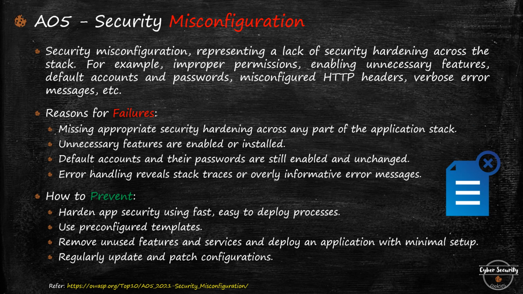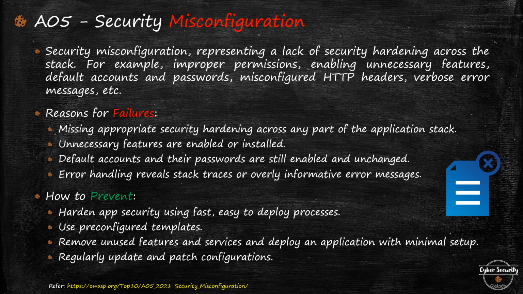Next one in the list is security misconfiguration, which refers to improper or inadequate configuration of security settings, controls, or mechanisms within an application, system, or network, leaving it vulnerable to attacks or exploitation. The reasons for failure could be insecure default settings, misconfigured firewalls, inadequate access controls, unsecured communication protocols, misconfigured encryption, unpatched vulnerabilities, inadequate network segmentation.